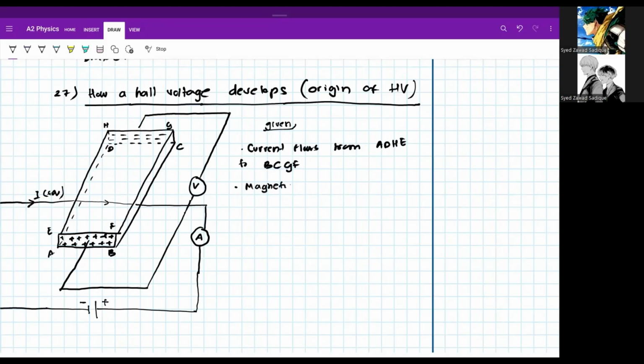Magnetic field is from ABCD to EFGH. This magnetic field is usually given.